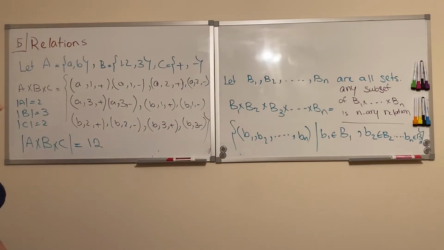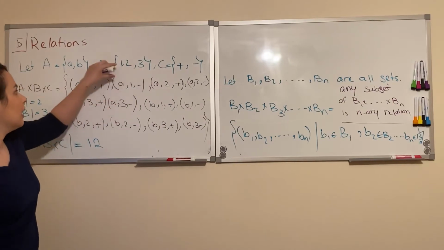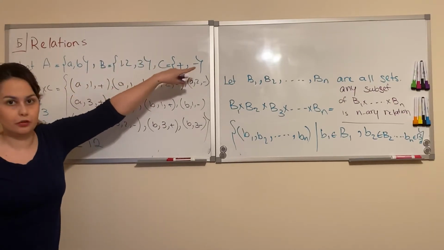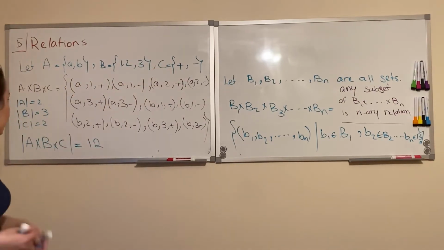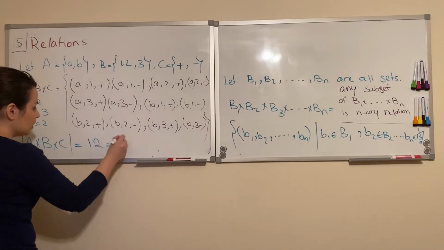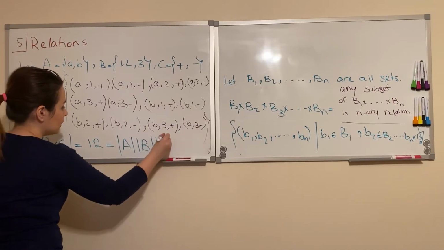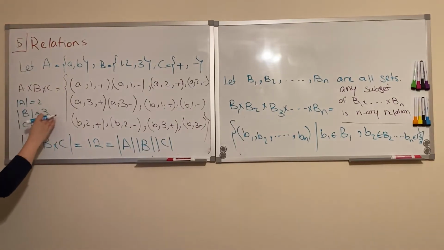What happens is that for each of these, I can choose any of these, and for each of these, I can choose any of these two. So by counting and combinatorics, you already know that it must be equal to the product of these 3 numbers, which is 2 times 3 times 2, which is again 12.